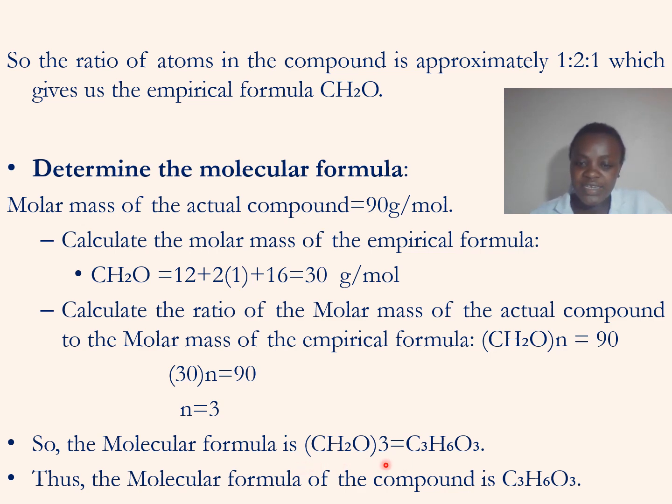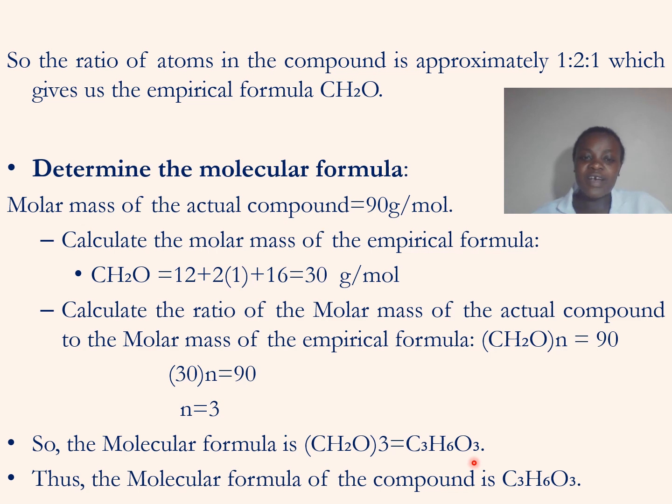So C times 3 will be C3, H2 multiplied by 3 will be H6, and O times 3 will be O3. Therefore, the molecular formula of this compound will be C3H6O3. So that is how we find the molecular formula of compounds.